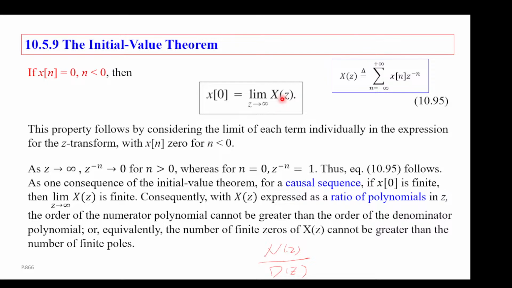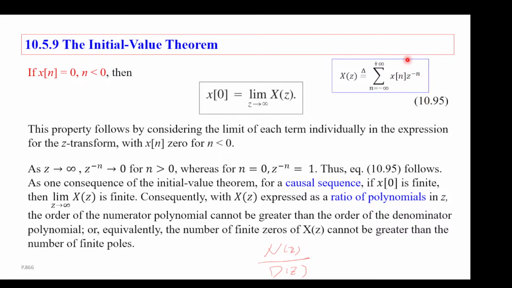This is very easy to derive, because you still have X of z equal to the summation, n from minus infinity to plus infinity, of x of n z to the minus n. If x of n equals 0 for n less than 0, it means you don't have any positive power of z here.